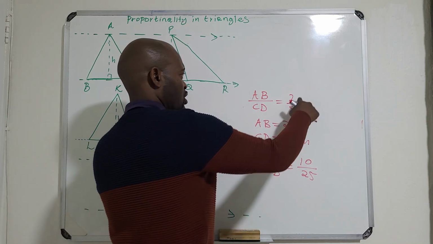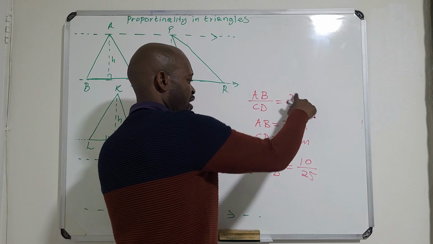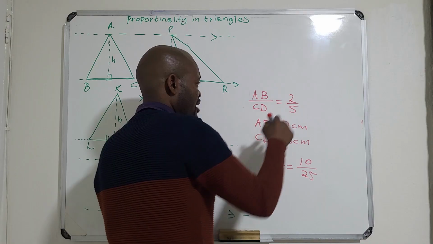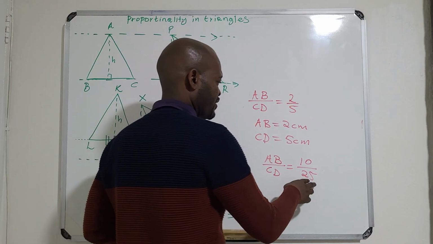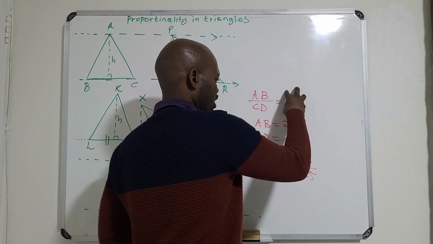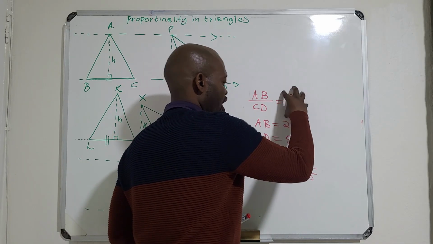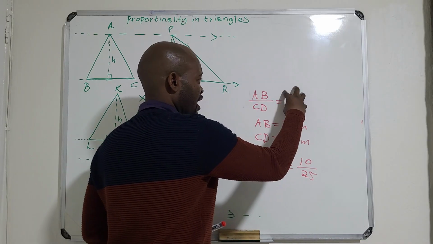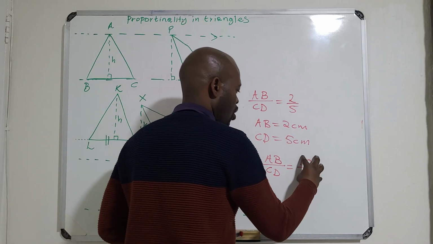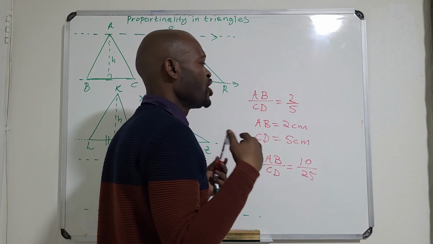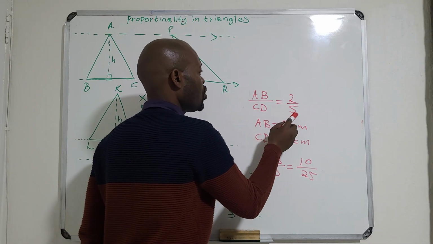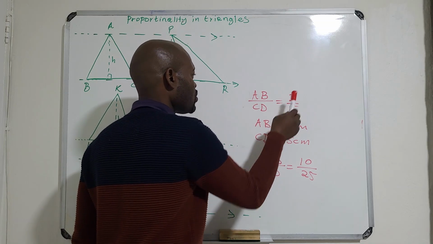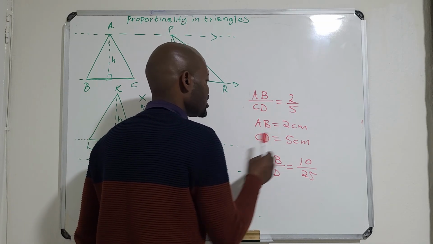Why? Because if I multiply this by 5, I get 10, and I multiply this by the same number, 5, I get 25. Therefore, 2 over 5 is the simplest fraction of 10 over 25. Therefore, we normally write the ratio in its simplest form. This does not mean that AB is equal to 2 centimeters and CD 5 centimeters.